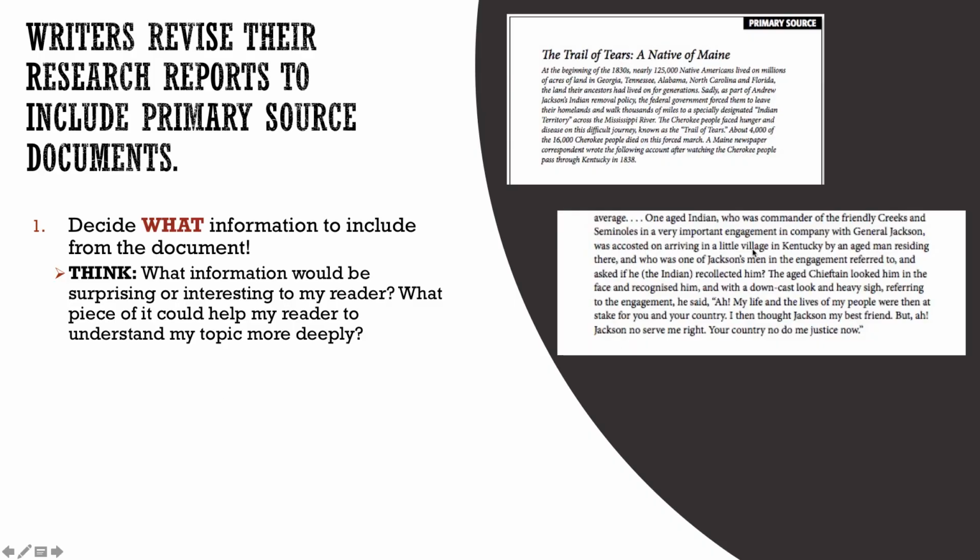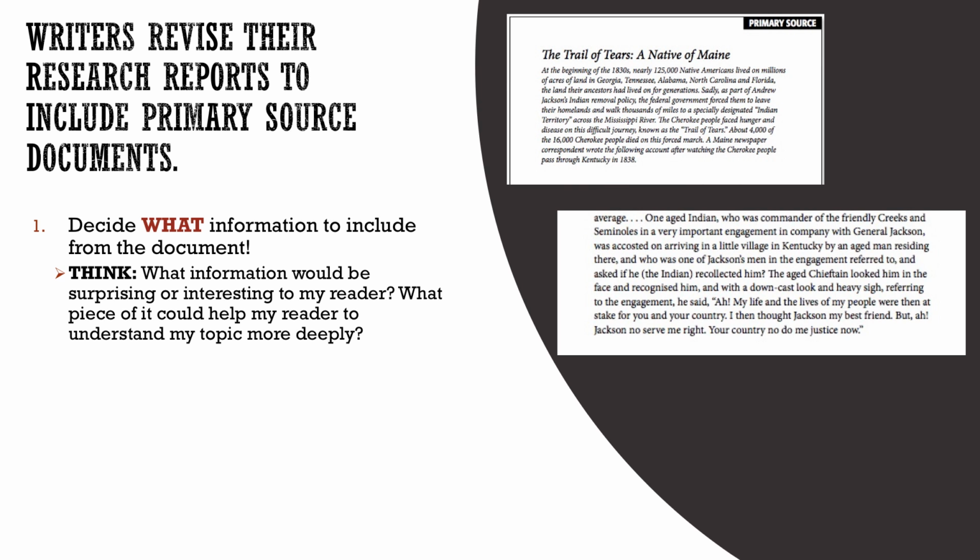At the end of the piece, he's talking about how this Native American chieftain had basically run into a soldier that he fought with in a war, along with the guy who was now Andrew Jackson, who was president, and sort of describing how betrayed he and his people felt by the president, Jackson, who they had once fought alongside. So I think that is some surprising or maybe some interesting information.